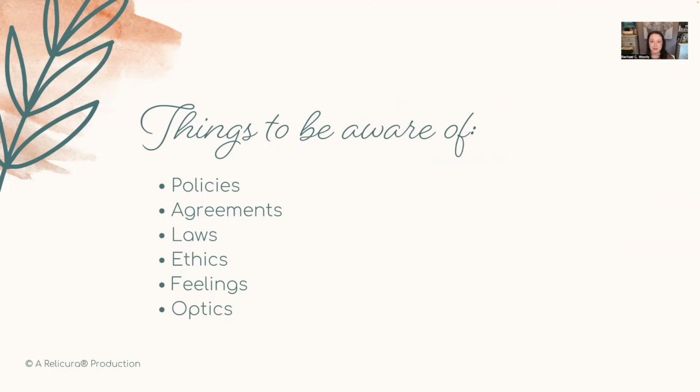Equally as important is if there is an absence of policy, a complete void of policy, thinking about agreements, in which case for deaccession, the deed of gift is most common, but any sort of agreement that you have relating to the maintaining of collection items, how they're cared for or gotten rid of, those kinds of things. Any sort of laws that take place, for example, we spoke about the abandoned property law that we'll get into some more detail on.